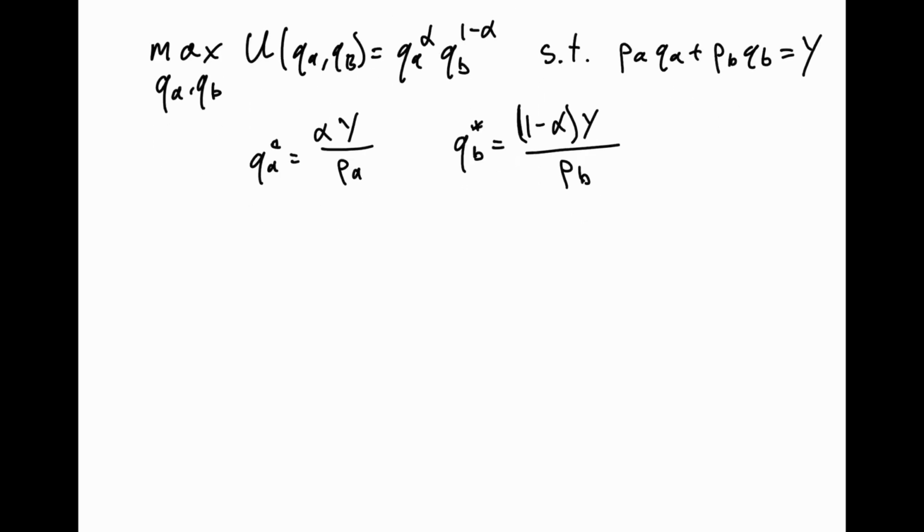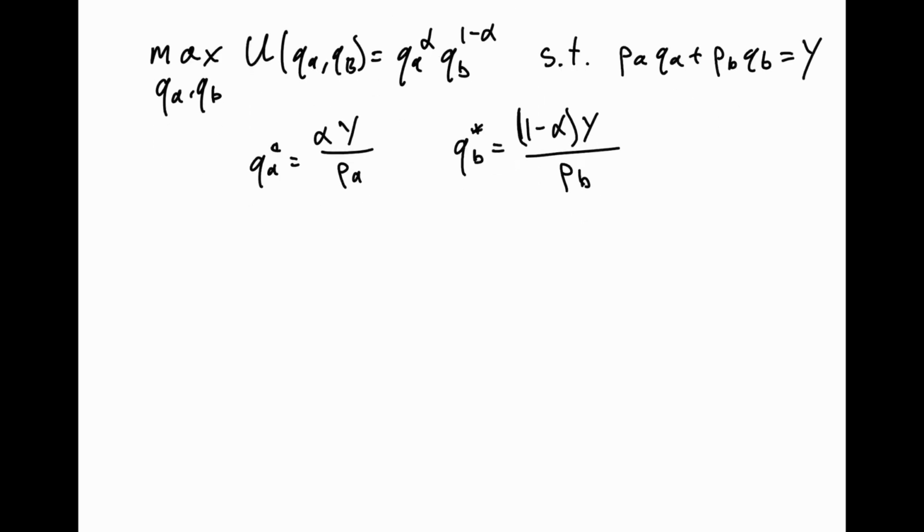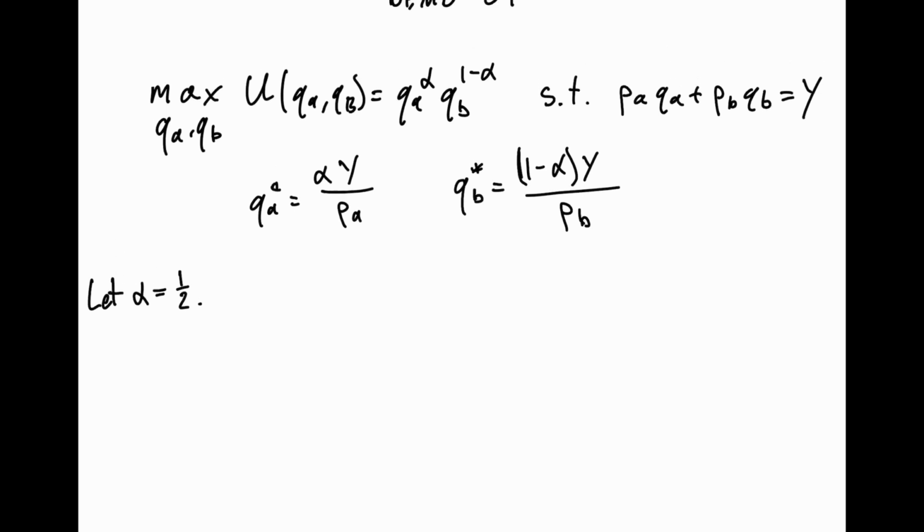Okay, so for the rest of the problems we'll work through, we're going to let alpha equal 1/2. I'm going to leave alpha symbolic for most of what we do, but when we actually come to finding numbers, we're going to use this alpha equals 1/2 for everything.